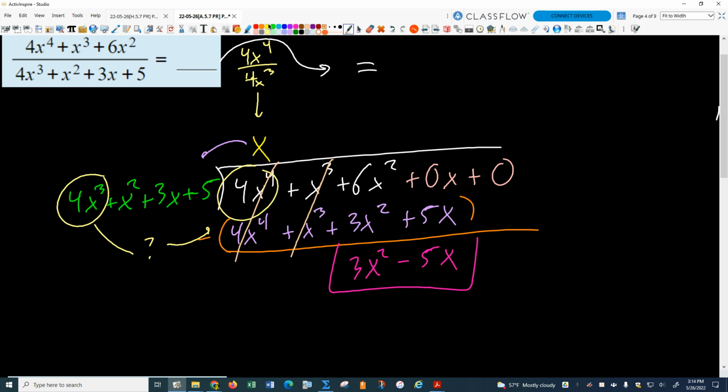Okay, x is the polynomial part, right? X plus 3x squared minus 5x over my denominator, right? Okay, everybody good? Right? Okay.